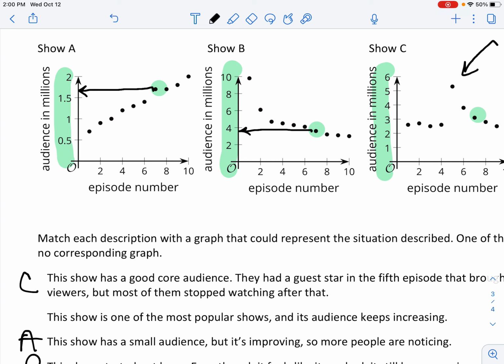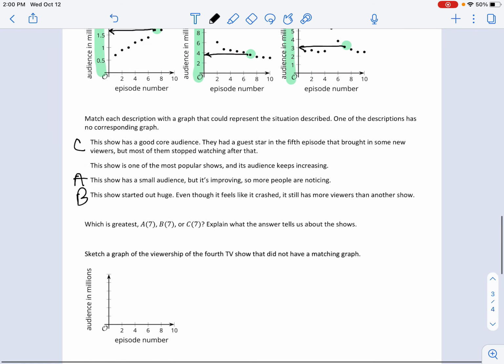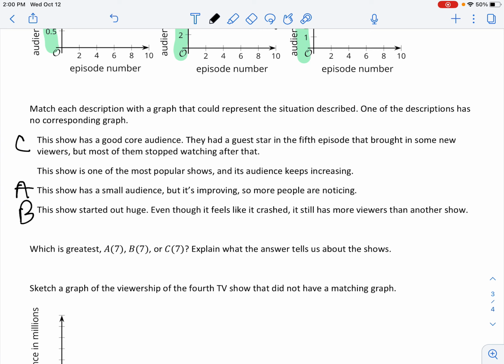This one is right around 4 million, and this one is right around 3 million. So the answer is B7 because it's closer to 4 million, whereas the other ones are smaller. So the answer is B7 is greater, and the reason is it's approximately 4 million or so viewers, whereas the other two are much smaller.